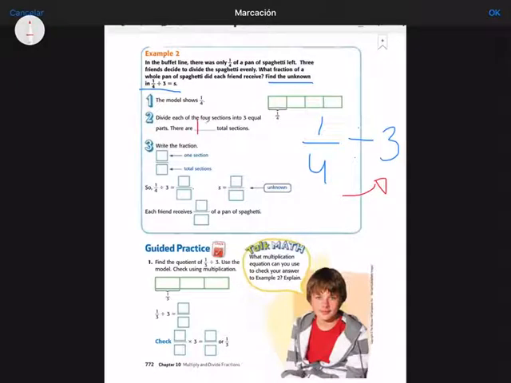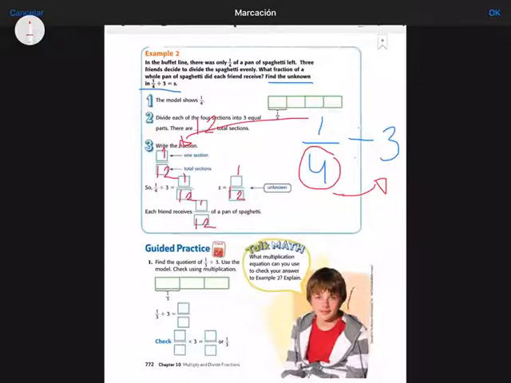So there are 12 sections. As I am multiplying, the denominator here is the one that I am going to change. That is the 12, and that one stays here. So 1/4 divided by 3 is 1/12. Each firm receives 1/12. Ready.